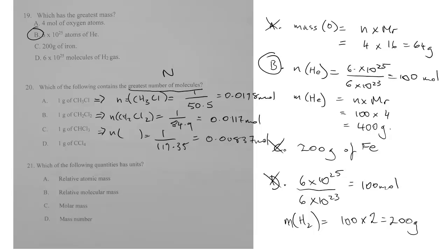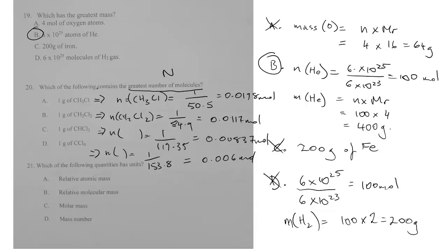And finally, for this one here, you have the mole of the substance, 1 divided by 153.8, which happens to be 0.006 mole.